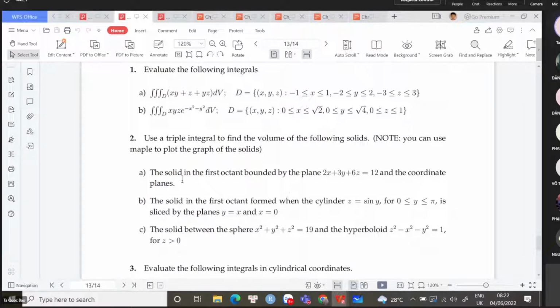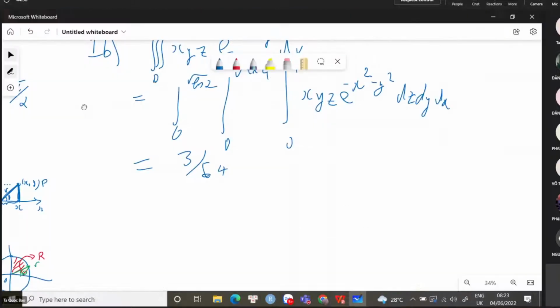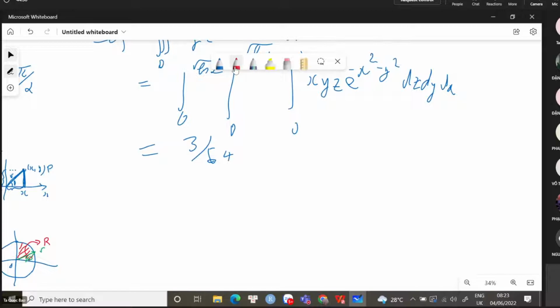Now for question A, the solid in the first octant is bounded by this plane and the coordinate planes. So you can see it looks like this.